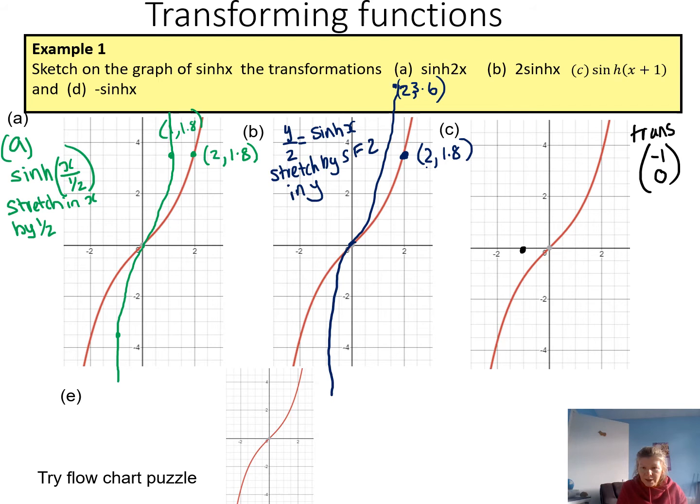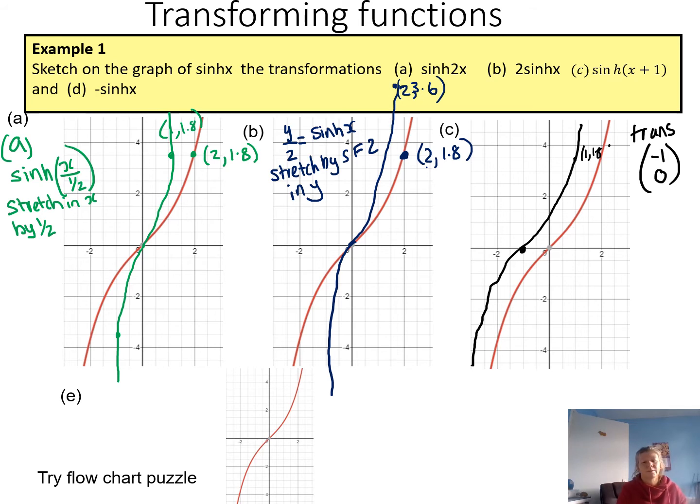That wasn't quite right, was it? The 2 should be 1.8. But the curve should be just the same as the other ones. It should run parallel to it. So it's not got steeper, it just stays parallel to the curve.